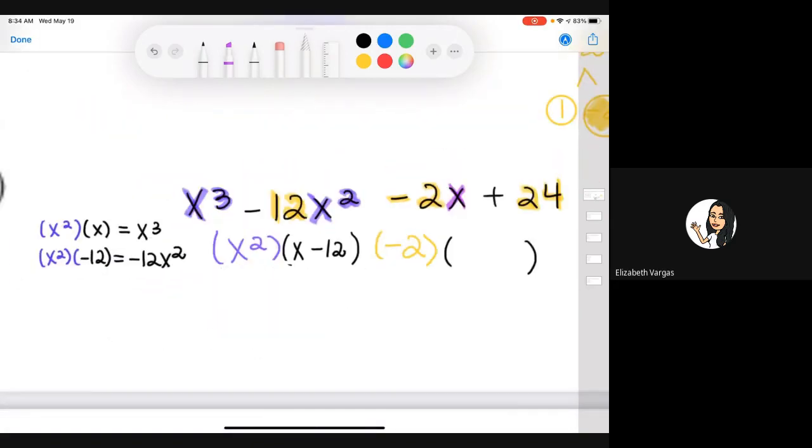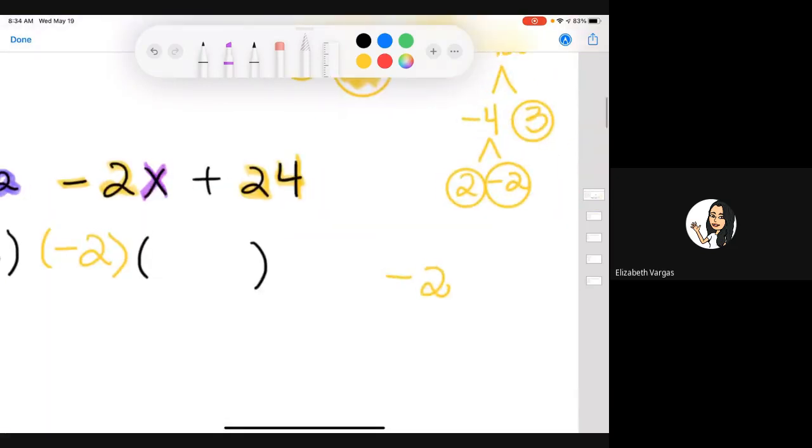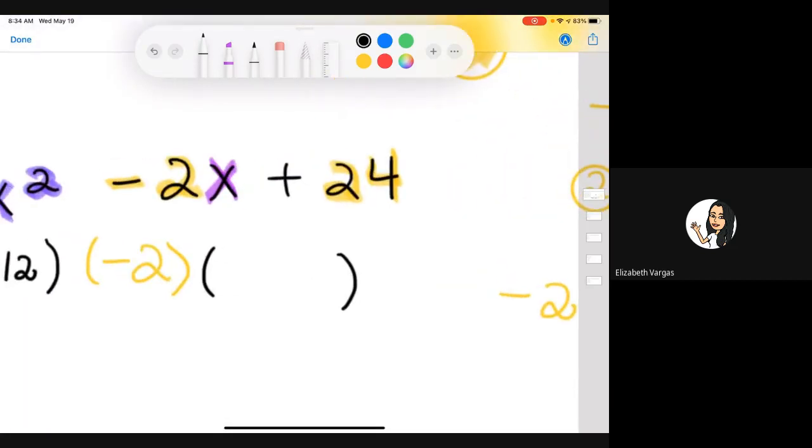Same thing over here, I have -2. What do I have to multiply to -2 to give me -2x? Just an x. What do I have to multiply to -2 to give me 24? -12.